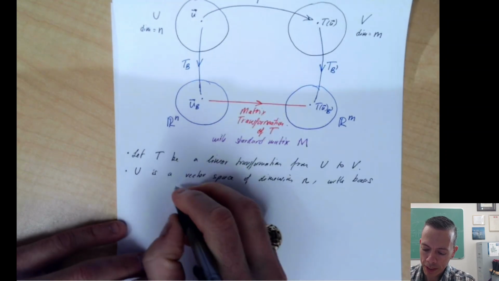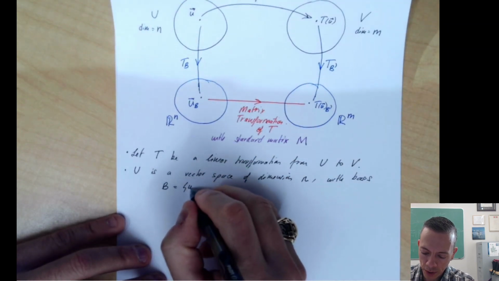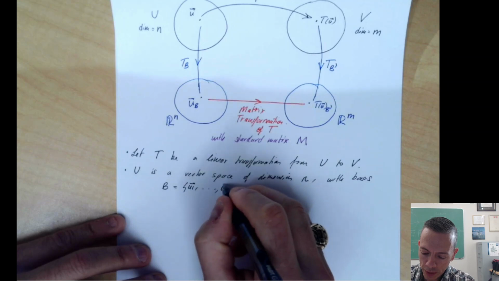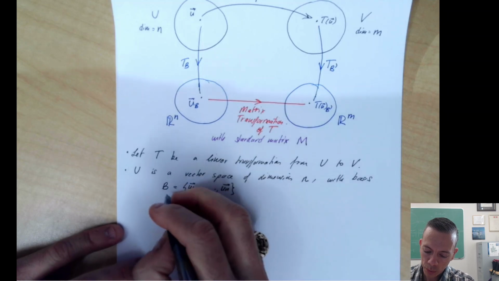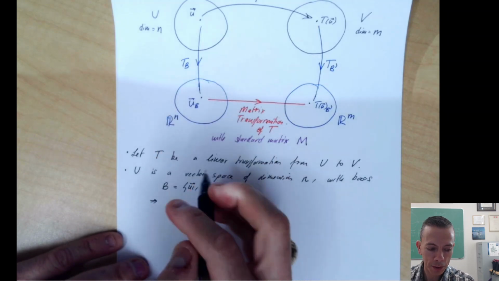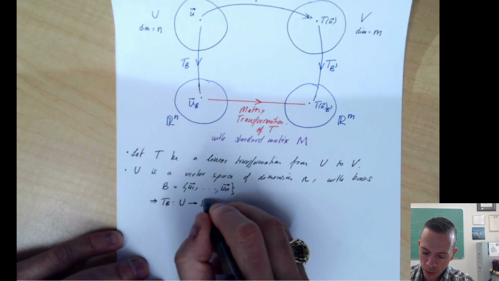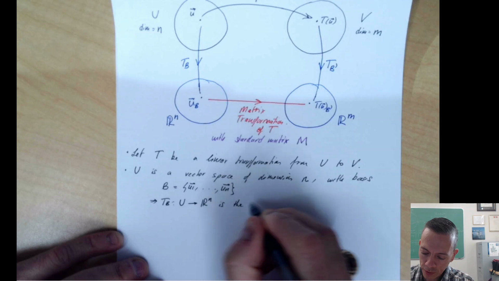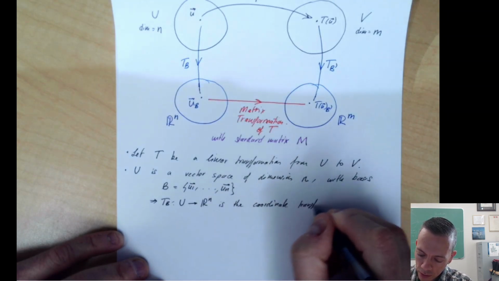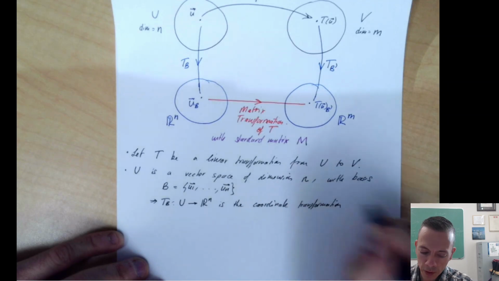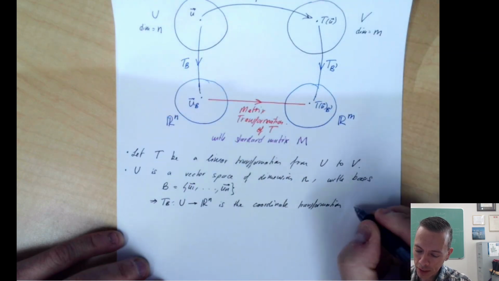We're going to equip it with a basis B that has n vectors, so we'll call this u1 to un. And we also have the coordinate transformation T_B, which goes from U to R^n. So it's a coordinate transformation relative to the basis B.